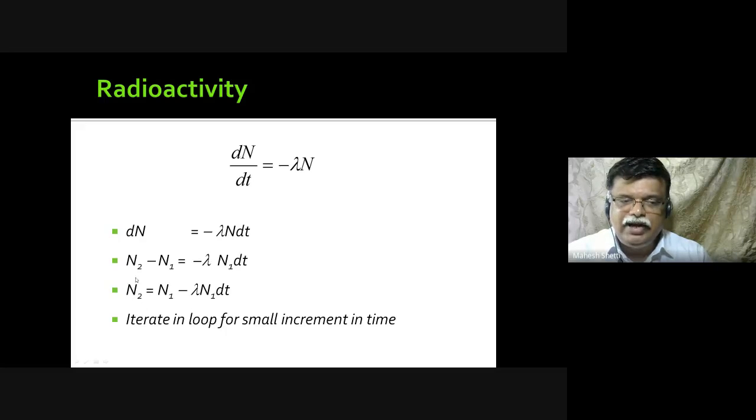I'm calculating n2, so n2 is my new cell. In the new cell, what formula am I going to put? Don't read this n2 as an equation. Read this as n2 being assigned this value. So my formula starts from the equal sign here, and the rest of the things are put: n1 minus lambda n1 dt.